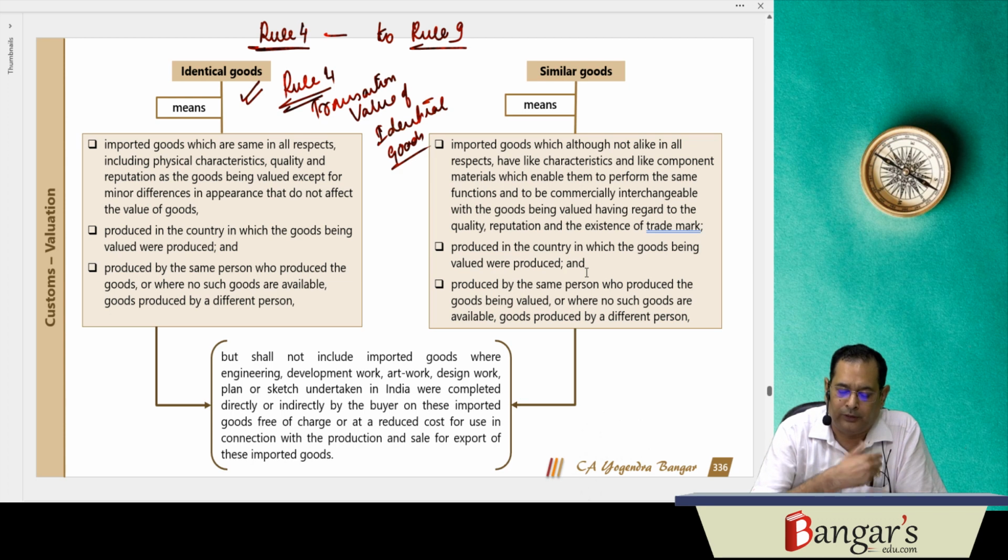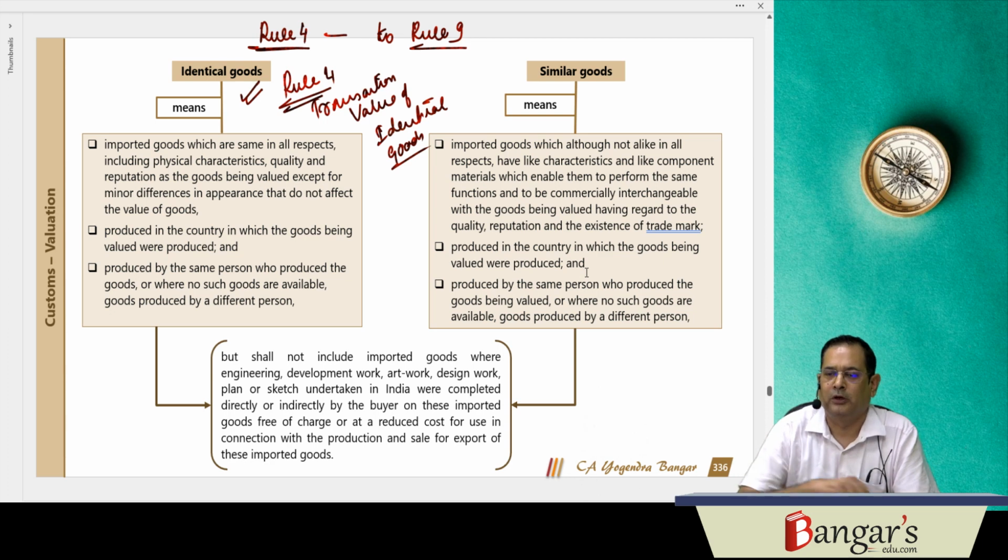Then what is not included in the same? It shall not include imported goods where engineering, development work, artwork, design work, plans and sketches are undertaken in India, completed directly or indirectly by the buyer free of charge or at reduced cost for use in connection with production and sale for export of the imported goods. That is not included.